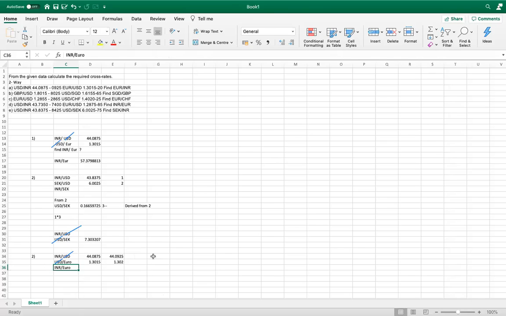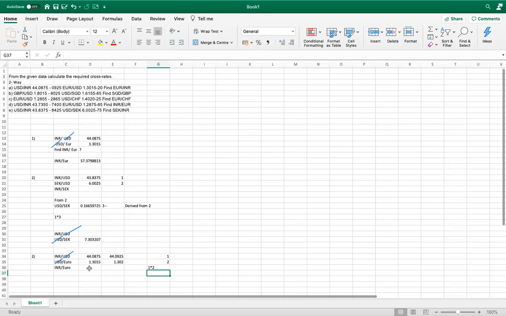I will say quotation 1 and 2. ठीक है? This implies 1 and 2. If I multiply directly, I can eliminate USD.